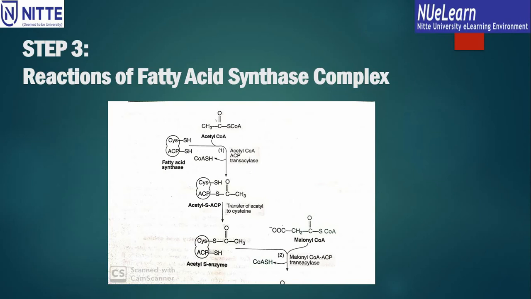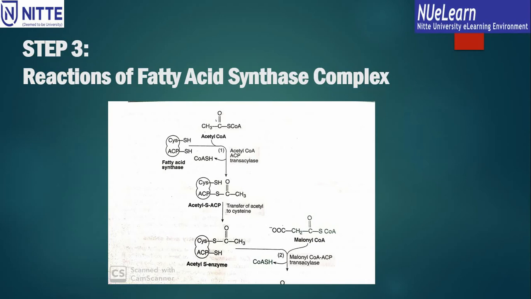And all the 7 reactions are going to take place in those two SH groups. All the enzymatic reactions are numbered from 1 to 7, and non-enzymic reactions are not given any numbers. You can make a note of that.